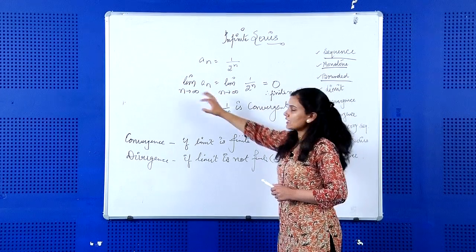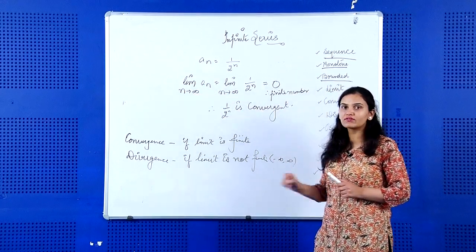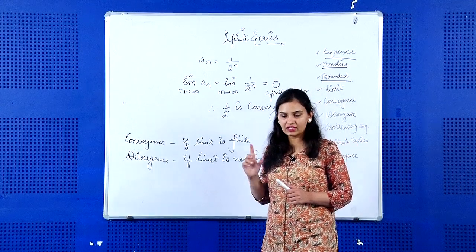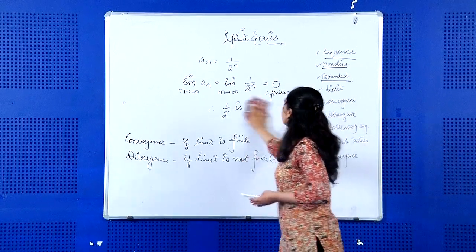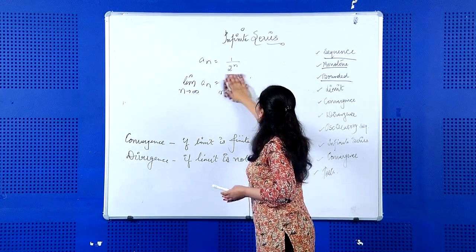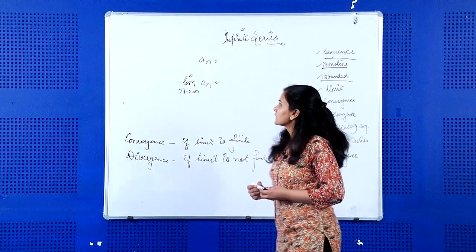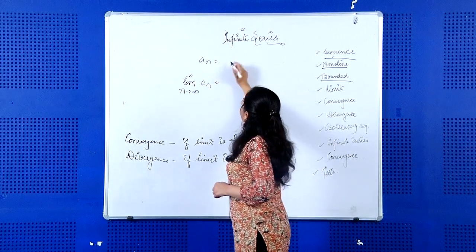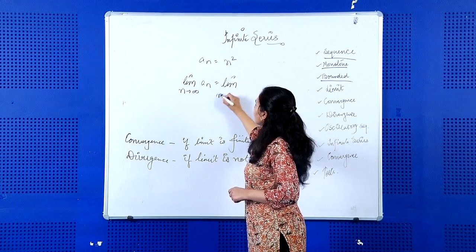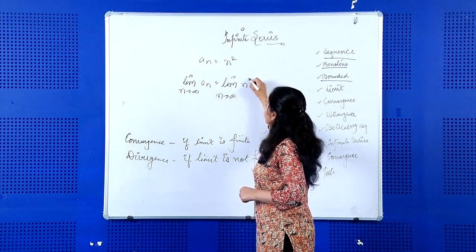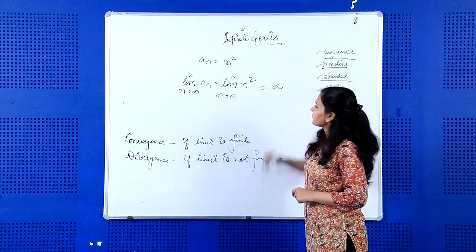This is how we are checking for convergence of a sequence. If we are finding the limit, if the limit is a finite number, then we say it is convergent. If the limit is not a finite number, we call it divergent. I can take an example for divergence as well. Let us say n square. So, it will be limit n tends to infinity of n square. N is tending towards infinity, so the result will be infinite.